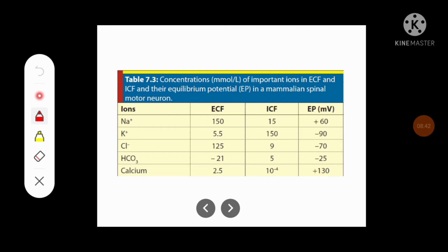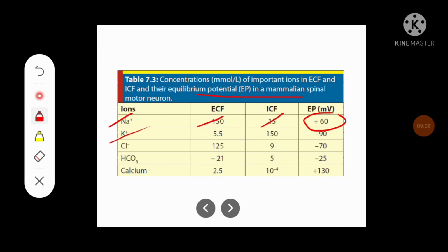The concentration of ions in ECF and ICF and the equilibrium potential for different ions are like this. For sodium, the ECF concentration is 150, the ICF concentration is 15, and the equilibrium potential is plus 60 millivolts.